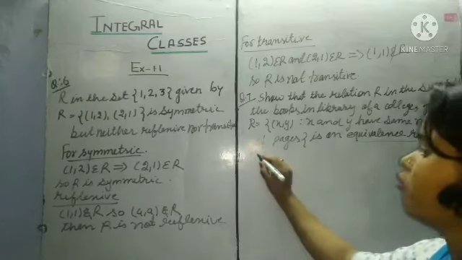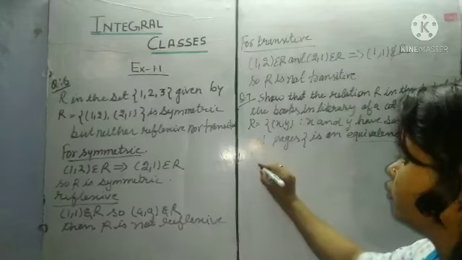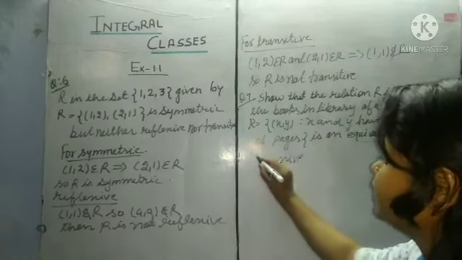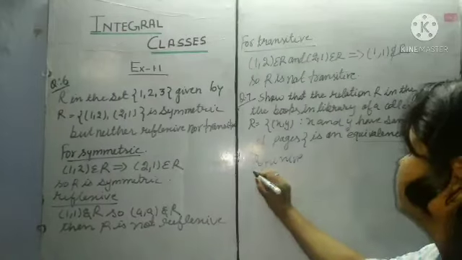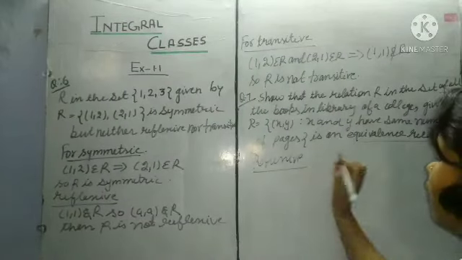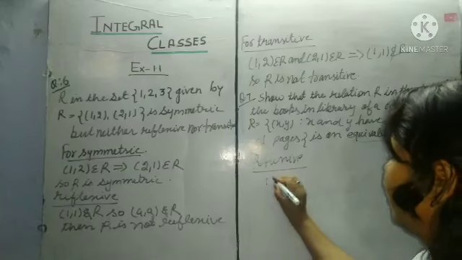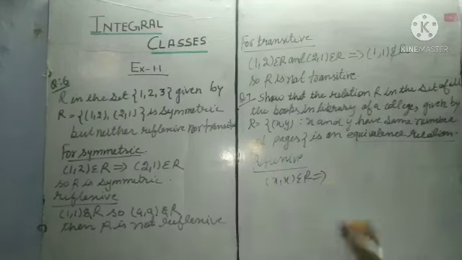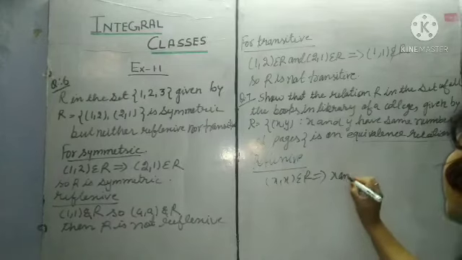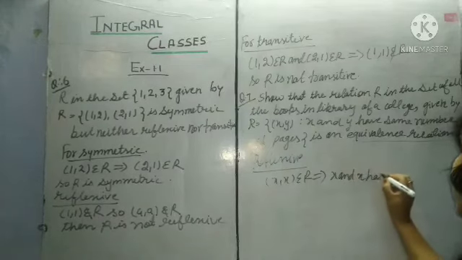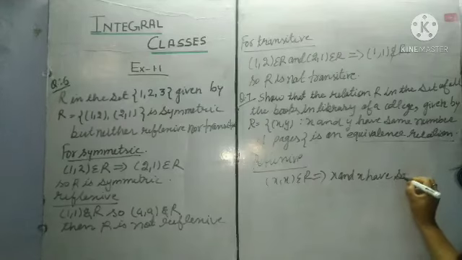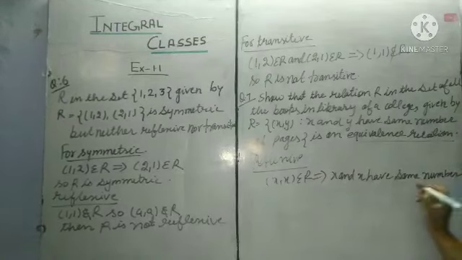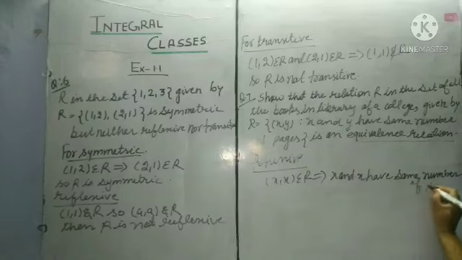So first is for reflexive. What is the condition for reflexive? For reflexive, (x, x) belongs to R. So it implies that x and x have the same number of pages.